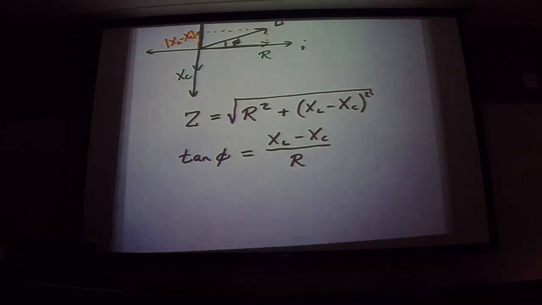All right, let's take a look at the circuit. Let's just do one of these. Find the total impedance of the circuit.